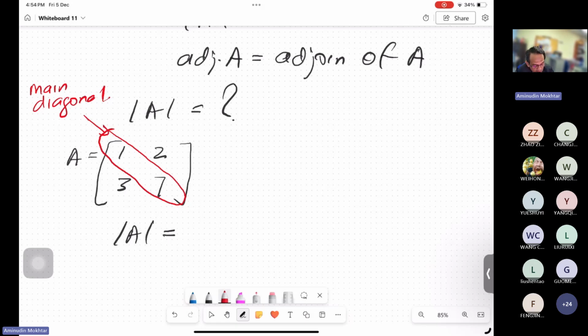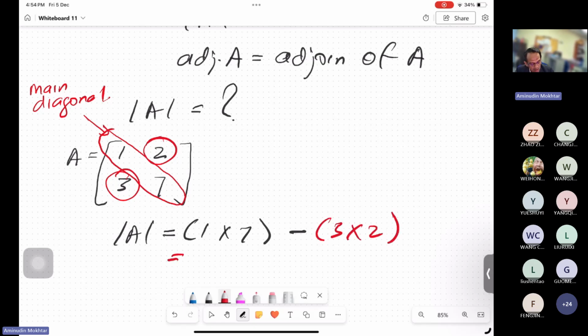We find the product of these two numbers, 1 times 7, and minus the product of the other two elements, 3 and 2, 3 times 2. So 7 minus 6 equals 1. So the determinant of A is equal to 1. That's how to find the determinant.